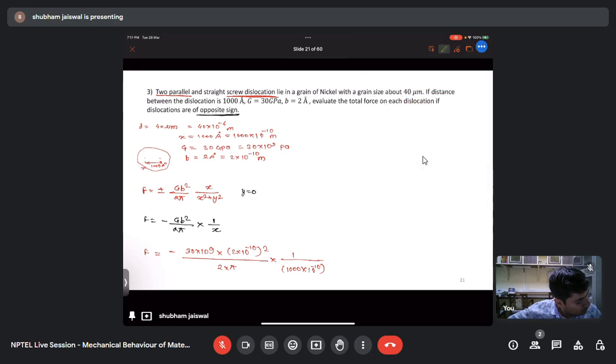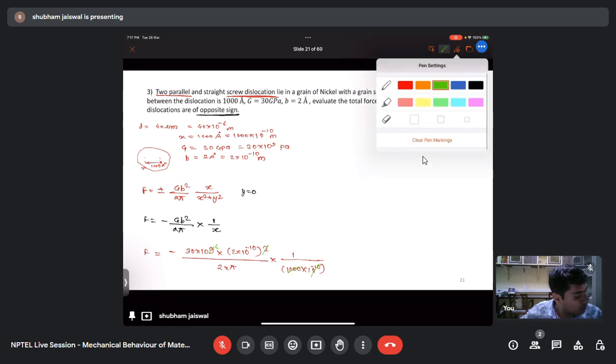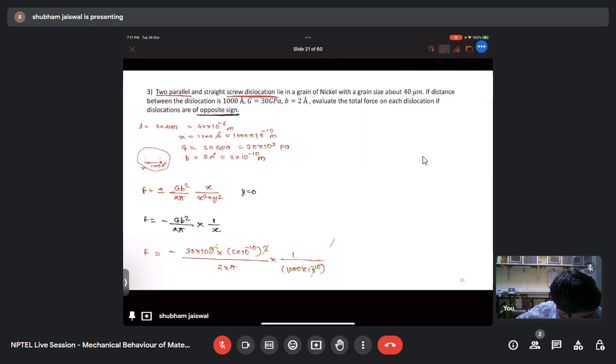So here this gets cancelled out, so these 3 will here be 6. So F equals 1.91 into 10 to the power minus 3 Newton per meter. So 1.91 into 10 to the power minus 3 Newton per meter force is coming.